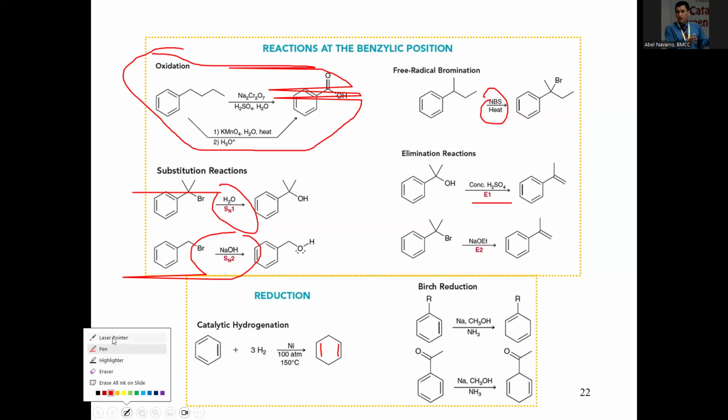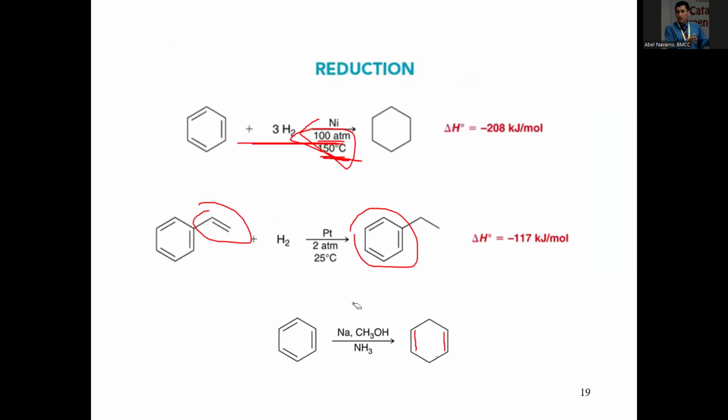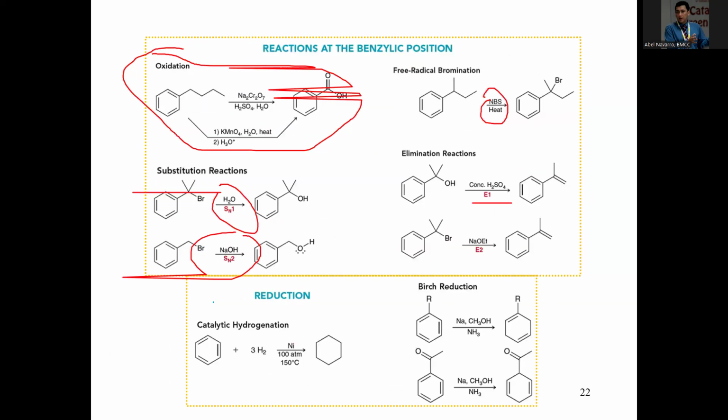That is not the Birch. This one is the regular reduction. Did I make the same mistake here? No, no, no. Here it is Birch, because this one has to be with the two double bonds. Okay, that's the Birch reduction, right?